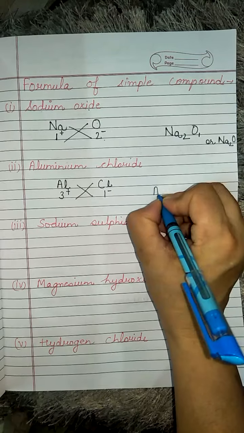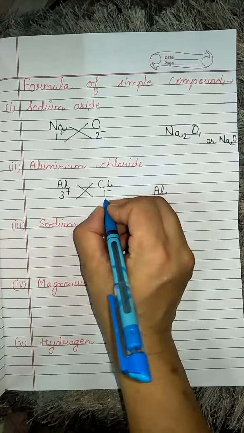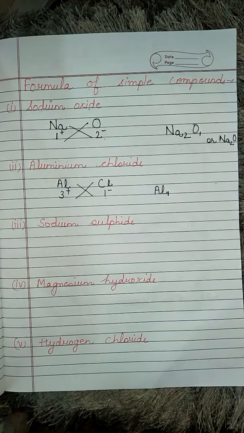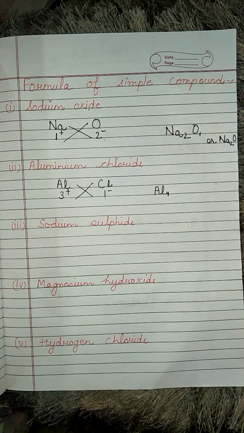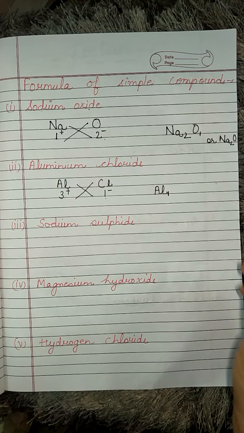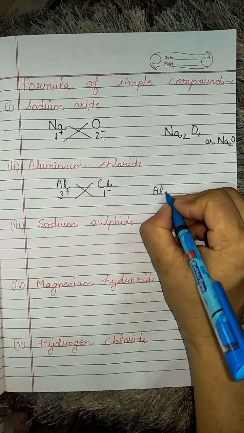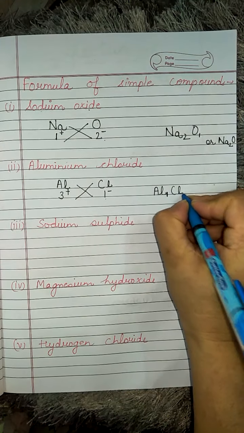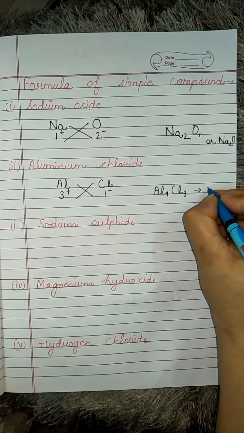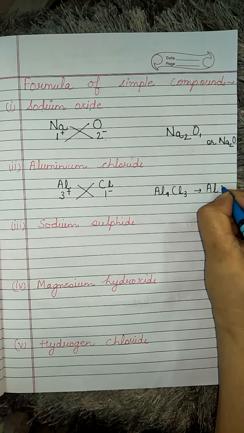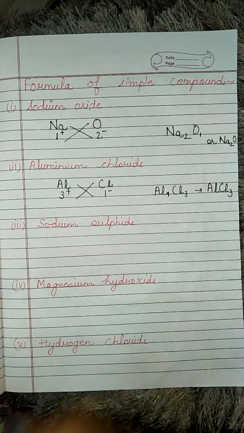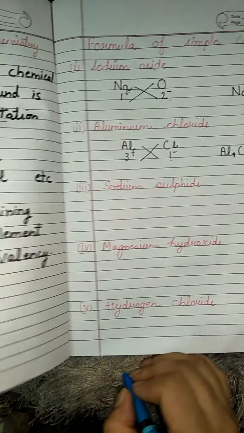Al gets 1. It's your wish to write it or not; 1 is not mandatory to write. If it is not written, it is taken for granted. And Cl3. So what will be your formula? AlCl3. I hope it is okay to you.